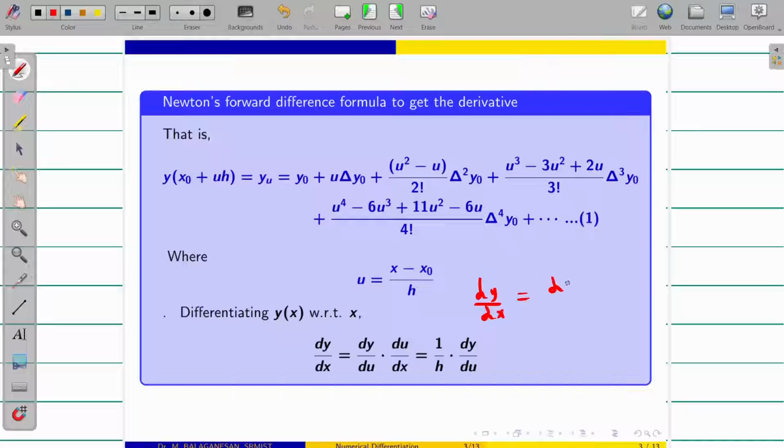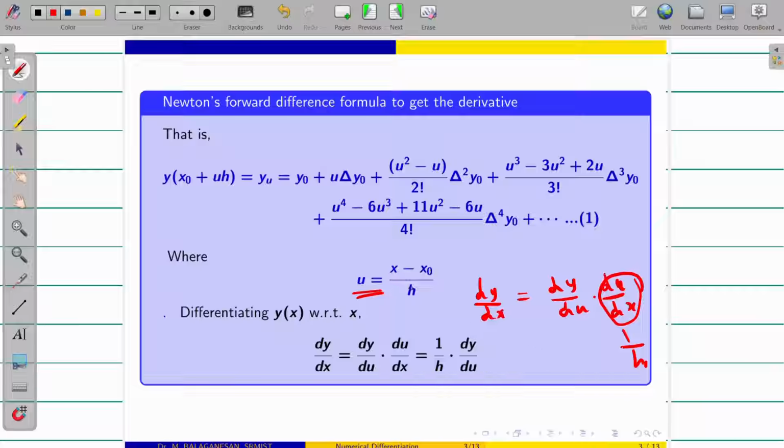So I'm going to write dy by du into du by dx. So what is u? x minus x naught by h. Differentiate u with respect to x. It will be 1 by h. The derivative of x with respect to x is 1, and x naught only is a constant, so it is 0. So 1 divided by h will be there.